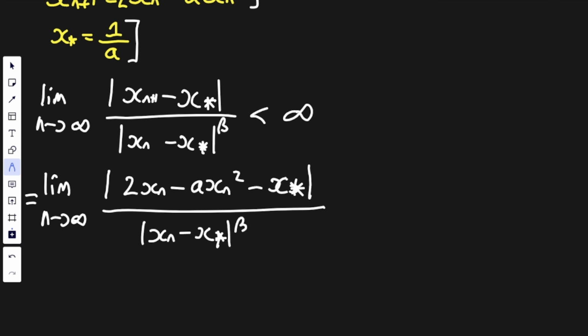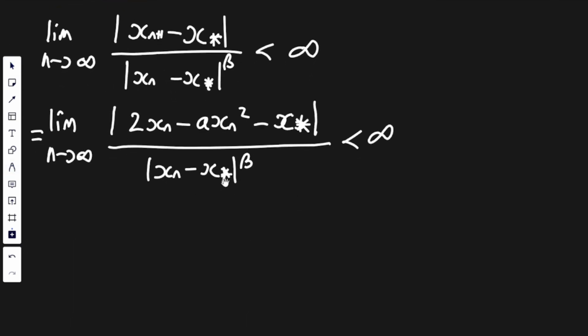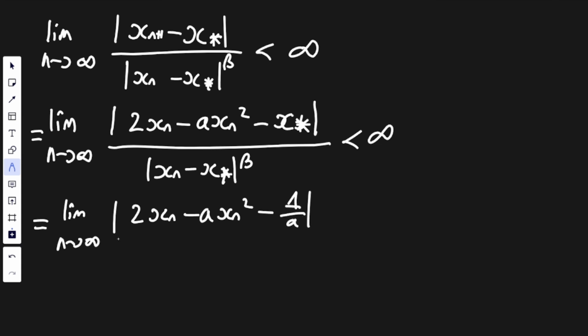Now ideally I'd be able to cancel the bottom somehow. So we would hope that on the top there's going to be a factor of x star. Now remember, x star is 1 over a, so let's actually replace this in. So we get the limit as n goes to infinity of 2xn minus axn squared minus 1 over a, and on the bottom we've got xn minus 1 over a.